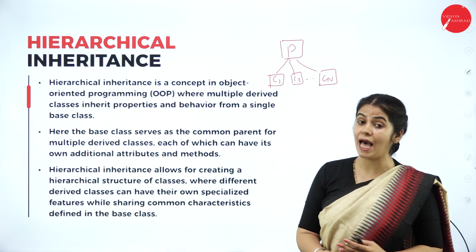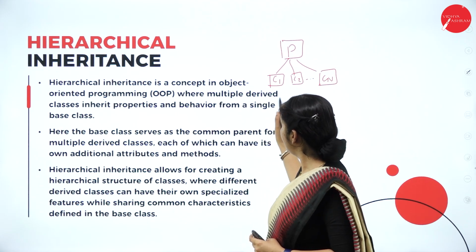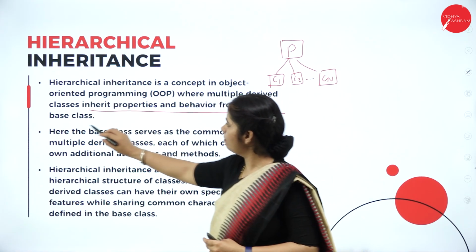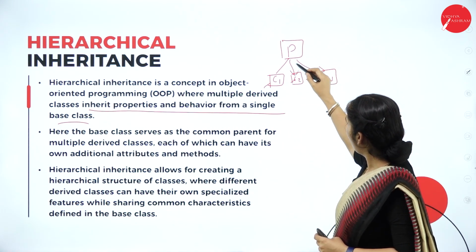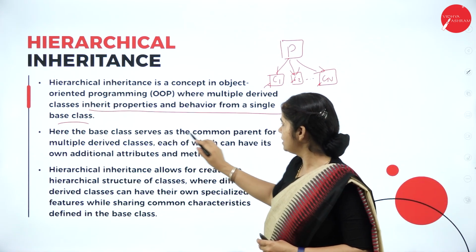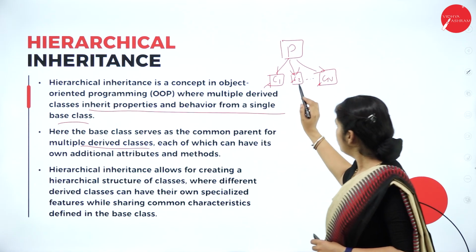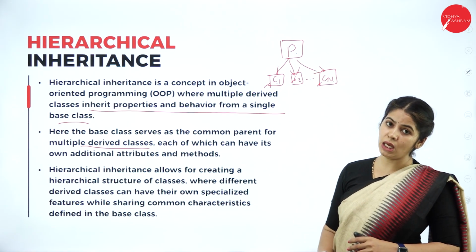Then it is called hierarchical inheritance, where multiple derived classes inherit the properties of a single base class. Here the base class serves as a common parent for the multiple derived classes. For C1, C2 up to Cn, only P is the parent.